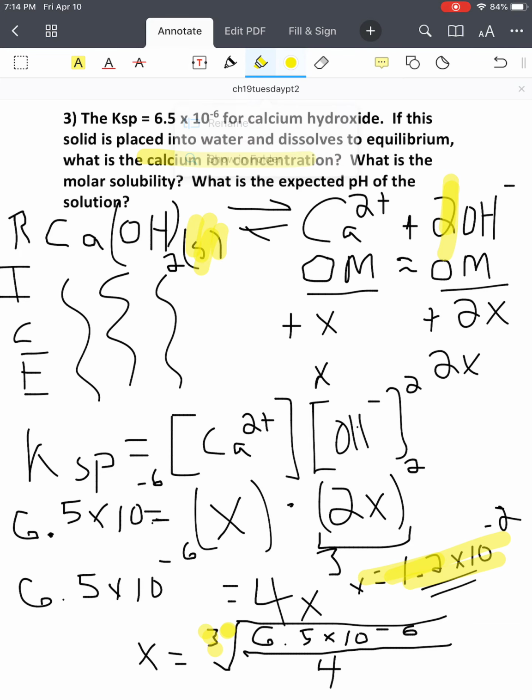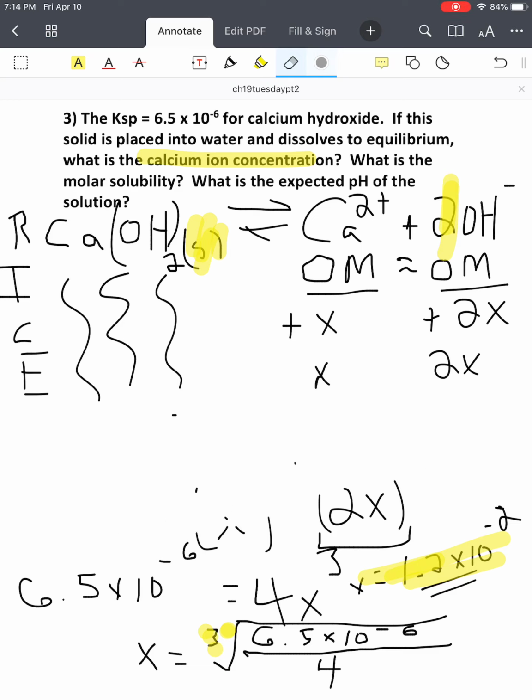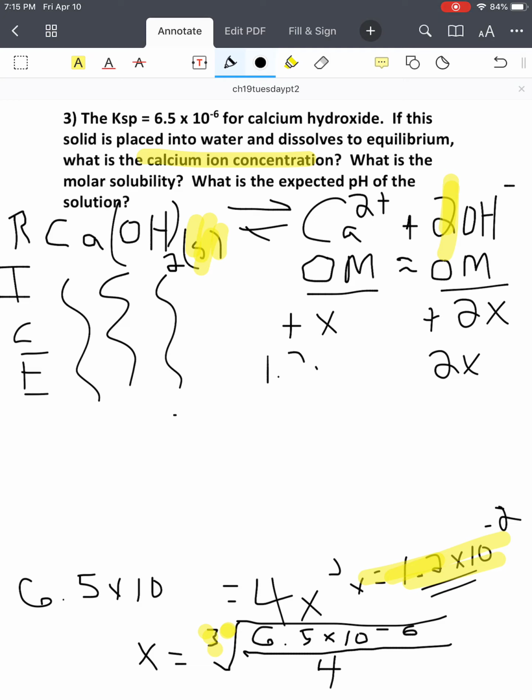Now I'm going to erase some of this work just so I can make sense of it all. So we solve for x. Now let's give it chemical meaning. We now know what the concentration of calcium ion is expected to be once an equilibrium is reached, 1.2 times 10 to the minus 2 molar.